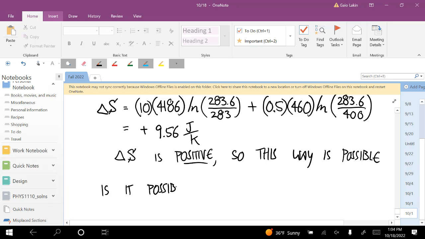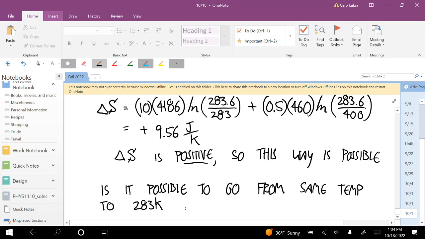Is it possible to go from the same temperature to 283 Kelvin and 400 Kelvin?